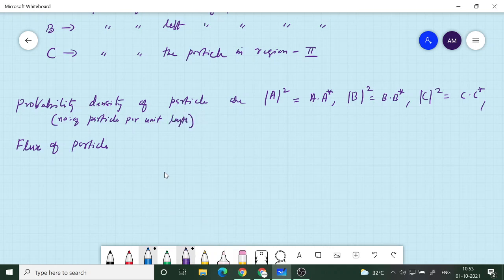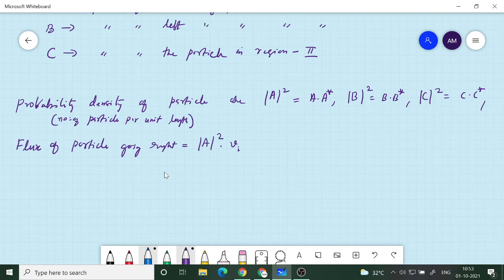So the flux of the particle going right, let's say, is going to be modulus a square into the velocity of the incident particle. Okay, so that will be from left to right, so I will denote it as v incident. Now what will be the velocity of the particle which is going right?